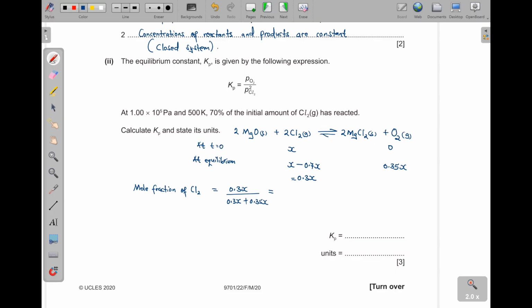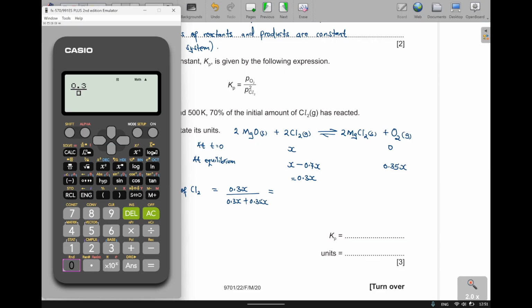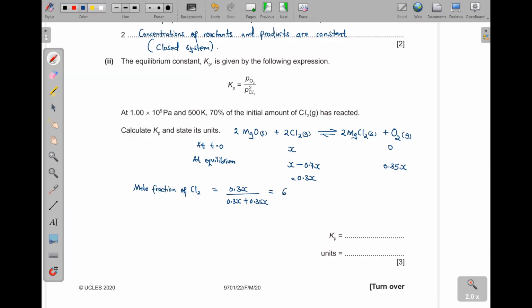Let's check: 0.3 divided by 0.3 plus 0.35 gives us 6/13. That means the mole fraction of oxygen will be 7 over 13, because these are the two that we are looking at. If this one is 6, the other one has to be 7.